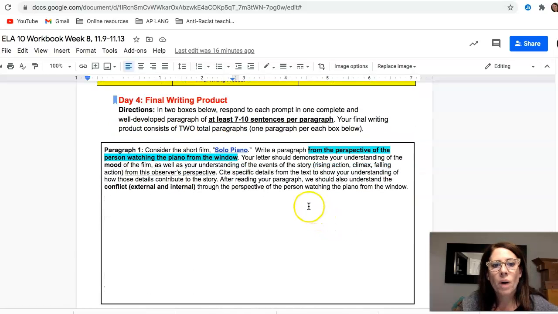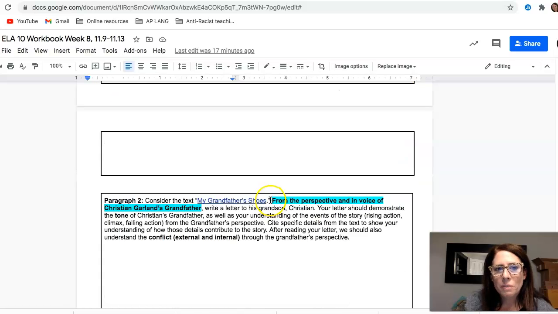This week we are going to be watching a very short documentary, a short film called Solo Piano, which is beautiful, by far one of my favorite films. And you are going to be writing a paragraph from the perspective of the person watching the piano from the window. So very particular, you'll know what I mean when you watch the film.